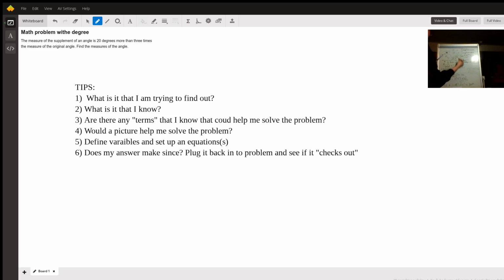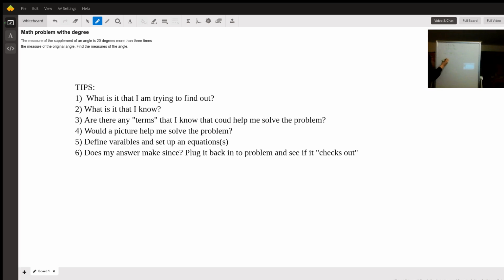Let me just write this out, okay? And I'm going to rewrite that on the back just to prove it to you. So again, we said that angle 1 equals 40 degrees, angle 2 equals 140, angle 1 plus angle 2 equals 180 degrees. Check, okay?